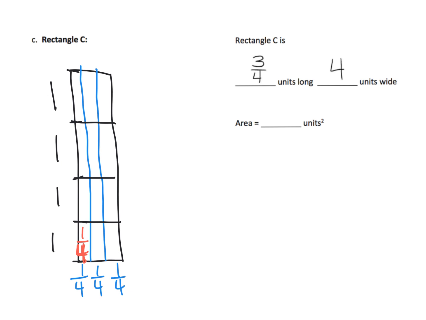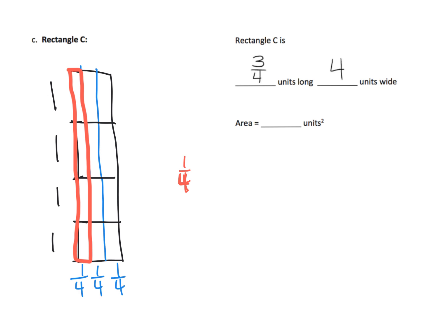Now, in fact, I can move it if I wanted. Okay, so all of these are a fourth. Isn't that true, right? So here's a fourth, here's a fourth, here's a fourth, here's a fourth. Well, these 4/4 right here equals 1 whole, doesn't it? Because 4/4 equals a whole. So that piece right there counts as 1 whole square unit.